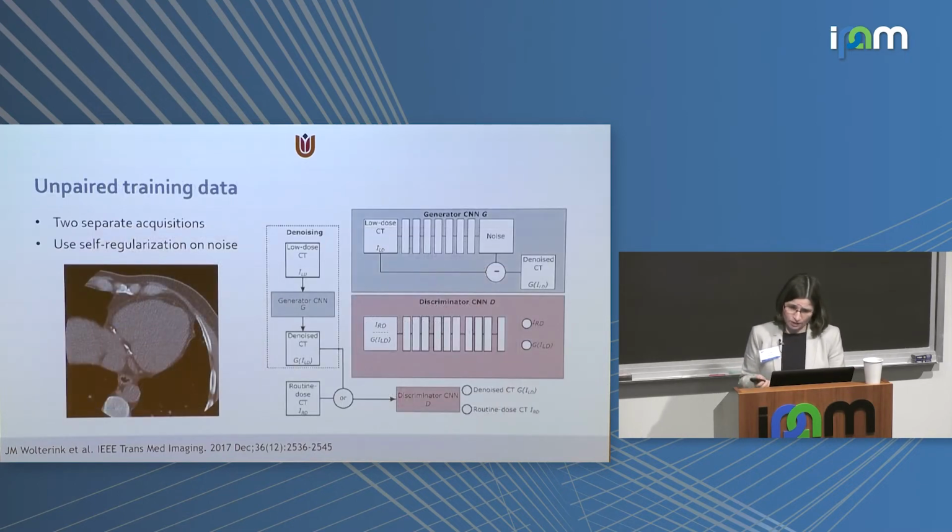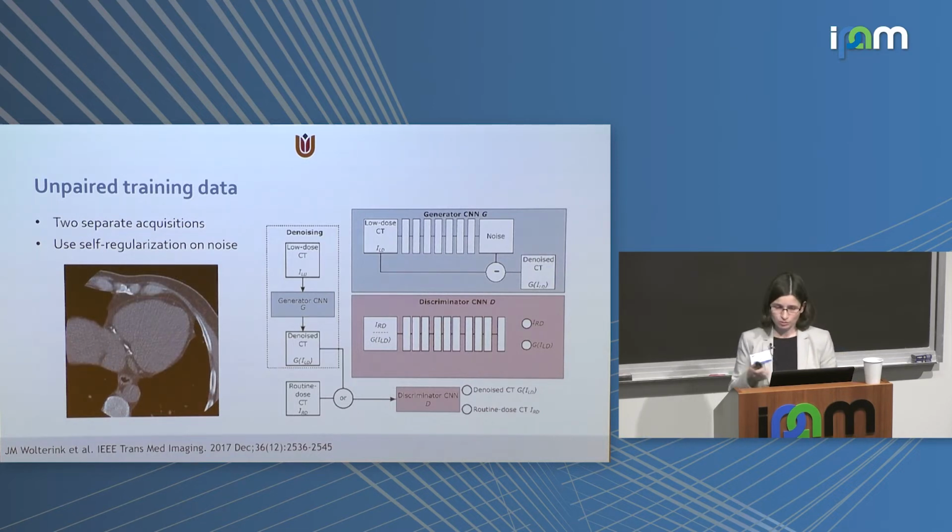So what we then wanted to do is take this image that has been acquired with very low dose and synthesize an image that resembles a routine dose image, and then score calcium. So Elmar Woltering, sitting there, was then a PhD student in my group, designed a method that takes these two separate acquisitions and uses a GAN approach to synthesize another image that resembles the real one. So you see here in the illustration, we really have two different scans, so two different acquisitions.